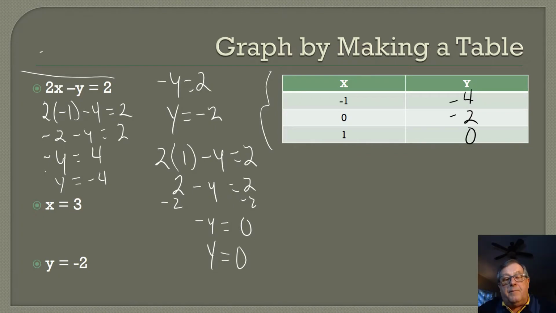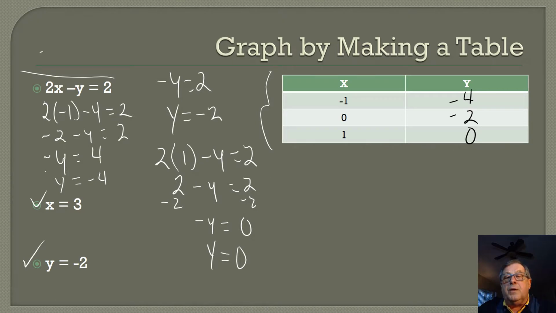Now, like I said, I'm not going to make tables for these, but I do want to describe for you what you're going to see. So if I see x is equal to 3, that is going to graph as a vertical line at x equals 3. And so when x is 3 in that equation, y can equal anything and everything, out to infinity, out to -infinity.